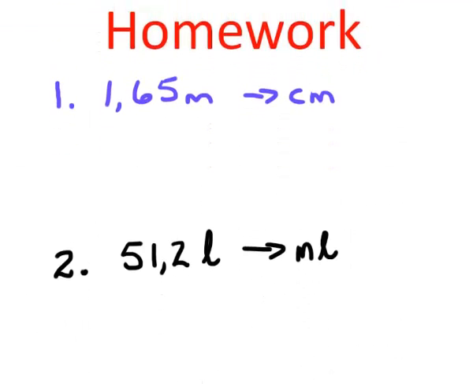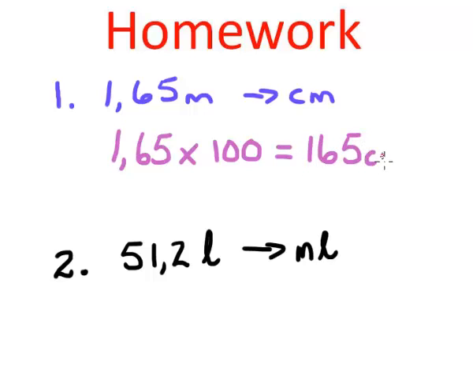So let's have a look at the answers. So for the first one over here, you've got to go from meters to centimeters, so you've got to multiply that by 100. If you look on your table, it would have been 2 jumps. So that gives you 165 centimeters tall.